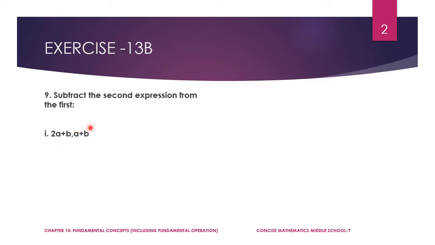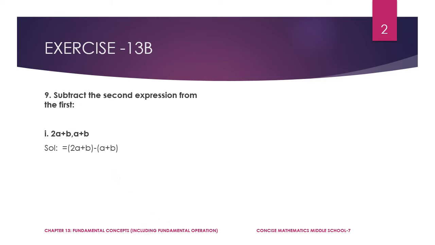So the second expression should be subtracted from the first. So the first step would be 2a plus b, and we are going to subtract a plus b from this first expression. So this should be written first, and minus, put this in a bracket. Always put the second expression in a bracket because it has a minus over here.